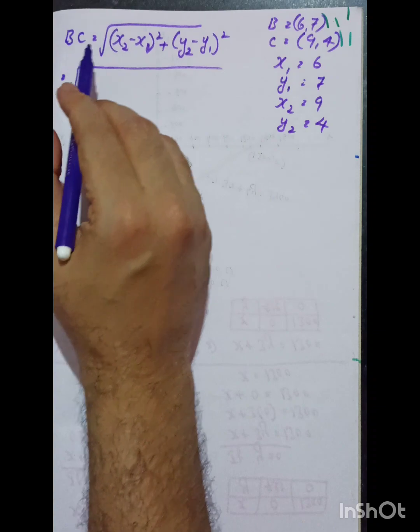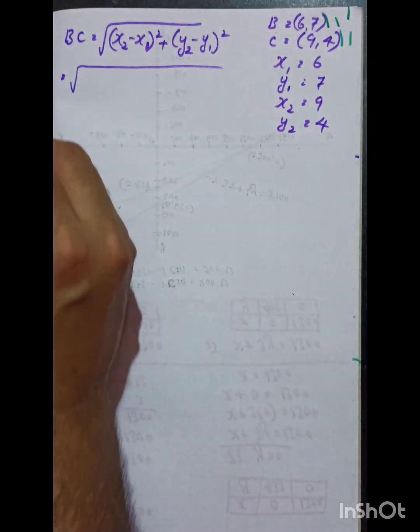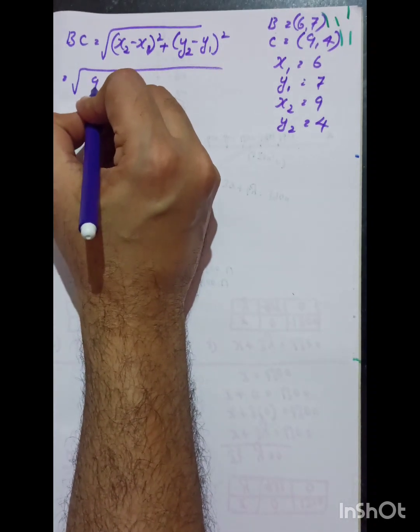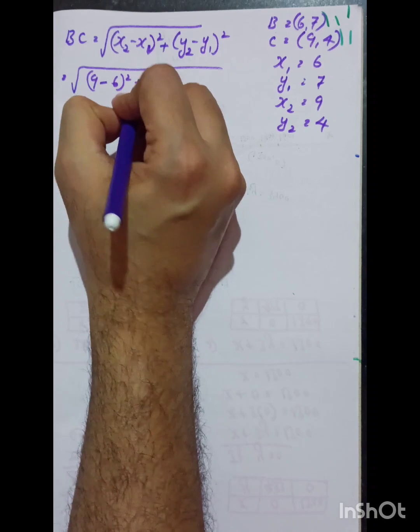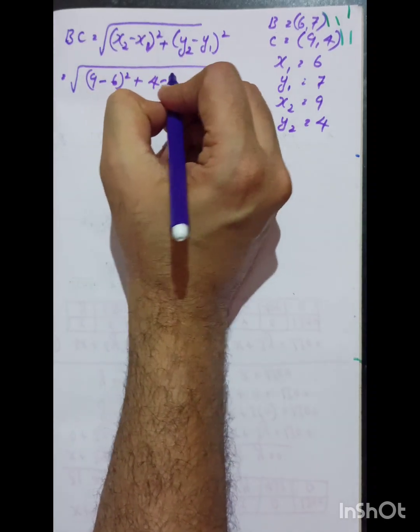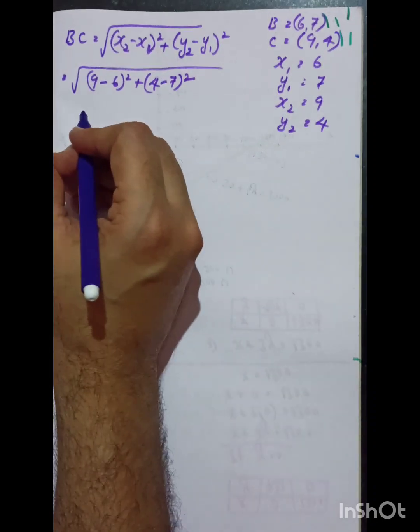Let's see BC. B and C are the coordinates. Apply the formula again: x2 means 9 minus x1 6 whole square plus y2 means 4 minus y1 means 7 whole square.